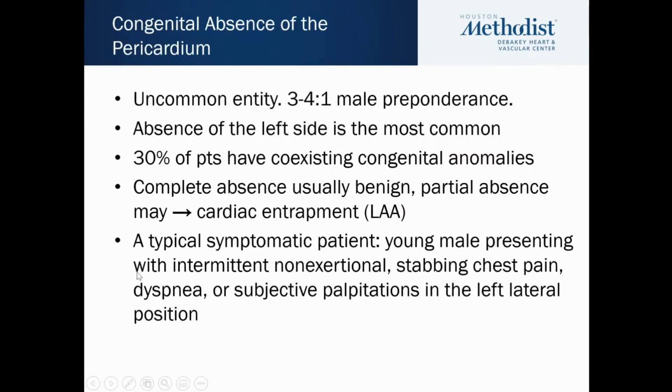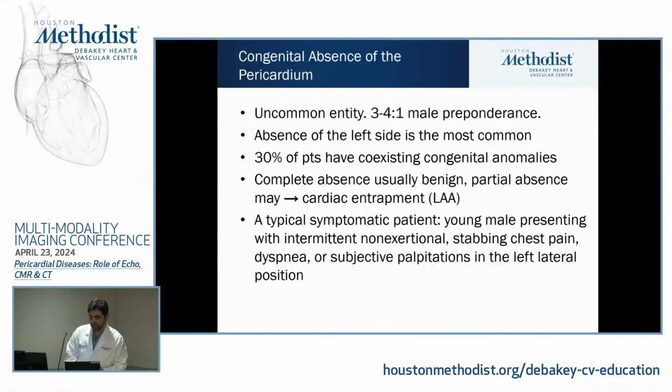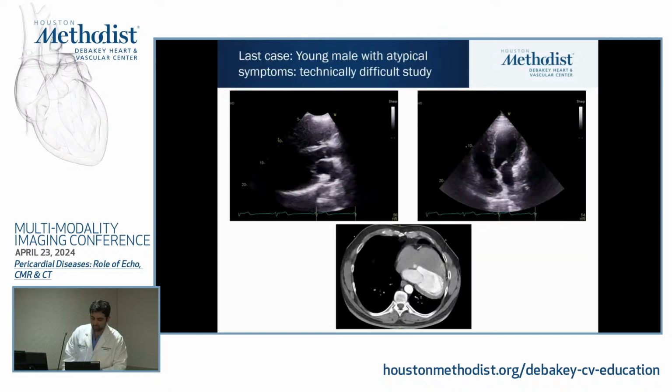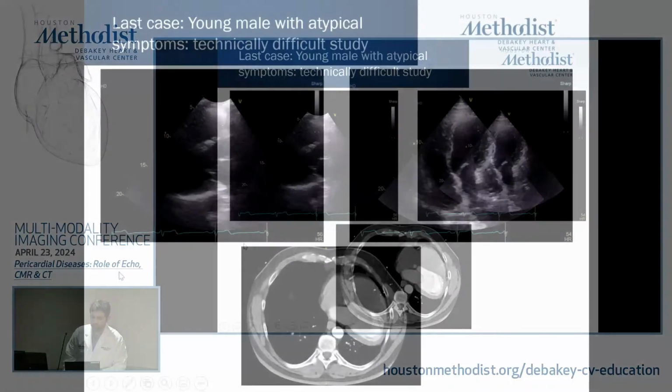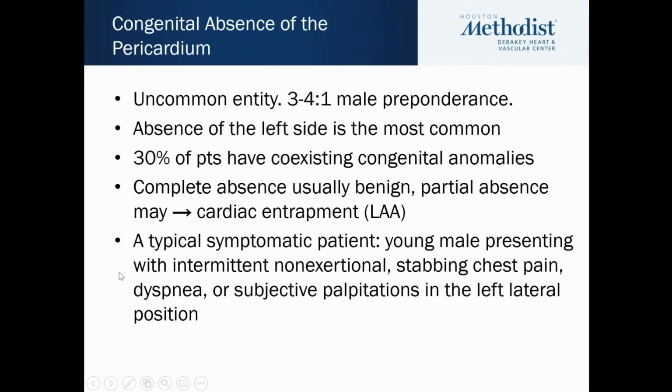Most often it'll be young males that present and get an echocardiogram for either an indication or non-specific symptoms. But the key thing to remember is that they may have coexisting congenital abnormalities, and those are the items that you have to look out for. The other one that's kind of similar is pectus excavatum, which may also create a similar appearance to the parasternal long axis, and you have to look out for this.